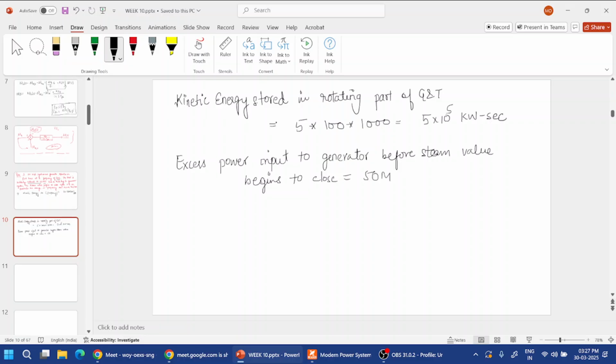50 megawatt. So energy in the rotating part in 0.04 second, how much will it be? So the excess energy input in 0.04 second, how much is it? 50 into 1000 into 0.04.